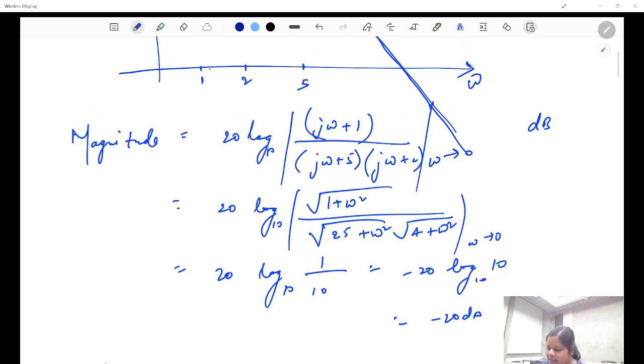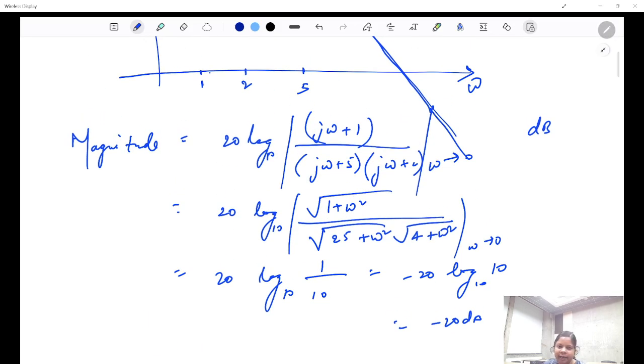This is a transfer function, we replaced it by j omega and then took the magnitude of that, which is a simple rule of taking the magnitude of a complex number, and it's under root 1 upon omega square. For the denominator you have under root 25 plus omega square and under root 4 plus omega square, and everything has to come inside 20 log 10, right?